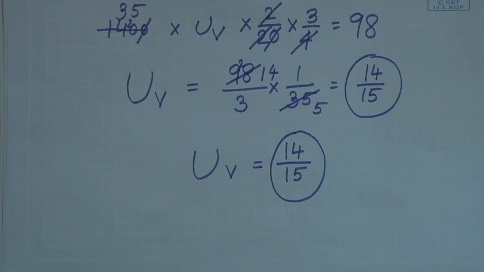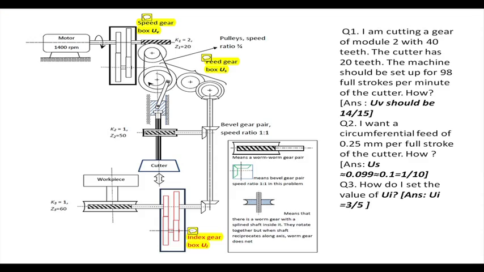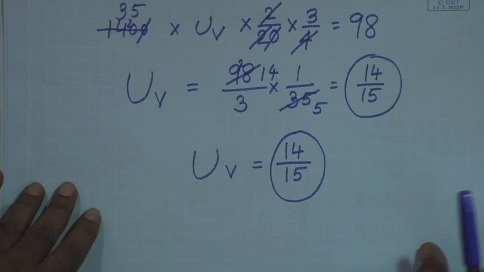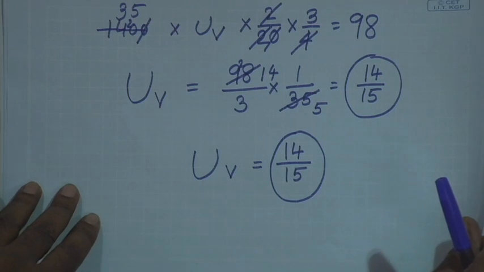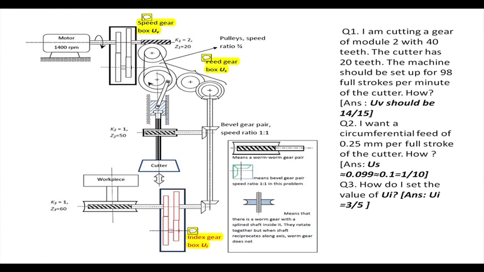All right. So, let us take the next case. I think we are now on the second problem. I want a circumferential feed of 0.25 millimeters per full stroke of the cutter.